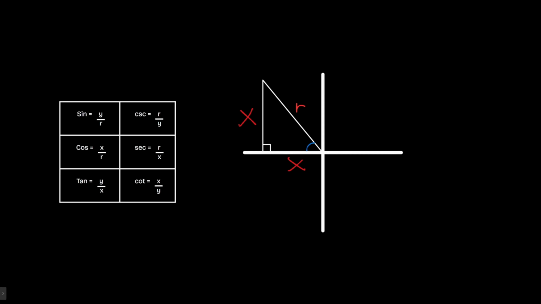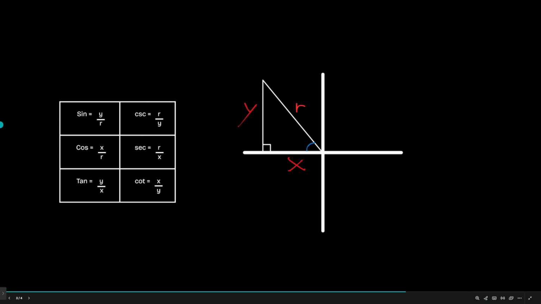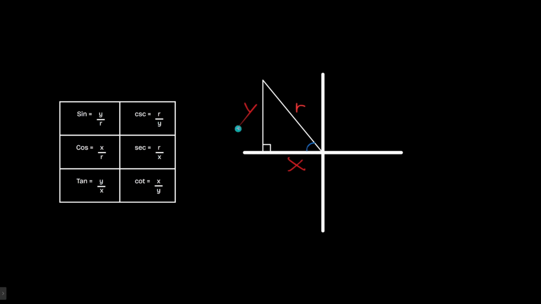Alright, now that we've got those fundamentals down, we can move on to the second part, which is where we're going to change our regular values of opposite, adjacent, and hypotenuse to a y, x, and an r. Now this is pretty simple because we know that when we look at a graph, our y value is the vertical line and our x value is the horizontal line.